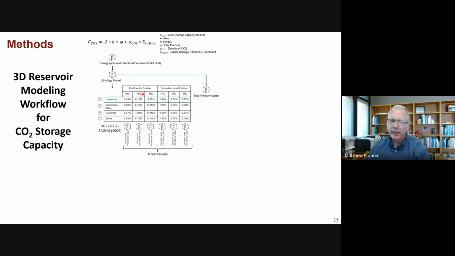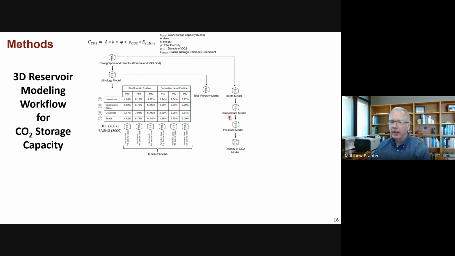And then going back to those DOE estimates of storage efficiency, using the lithology models, these efficiency parameters are based on all these different lithologies that the DOE looked at. And so from this, those efficiency parameters were applied to the lithology model to come up with 6 different scenarios of storage efficiency, from what they referred to as the site-specific to formation level efficiencies.